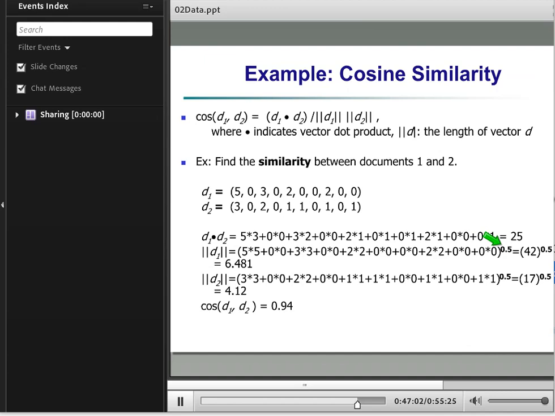And then we should calculate the square root of this summation. The final answer is 6.481.